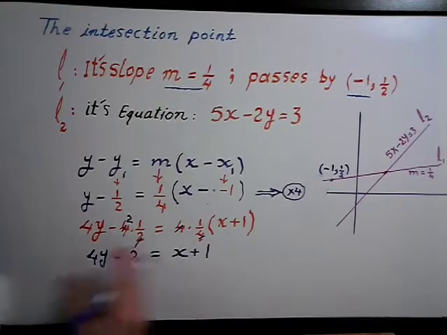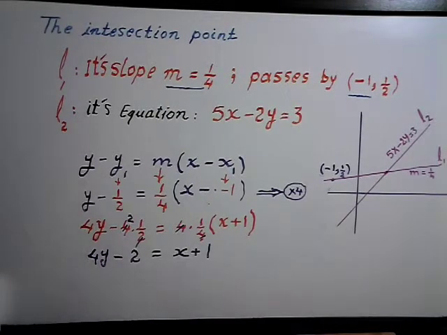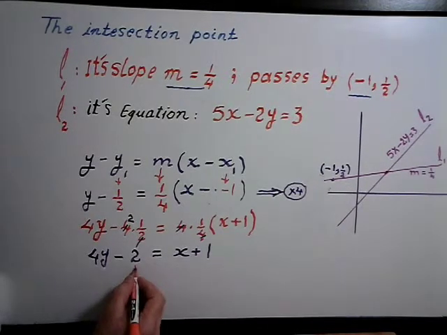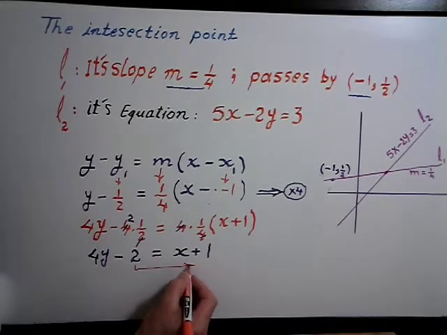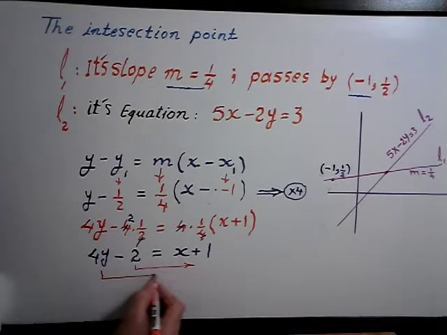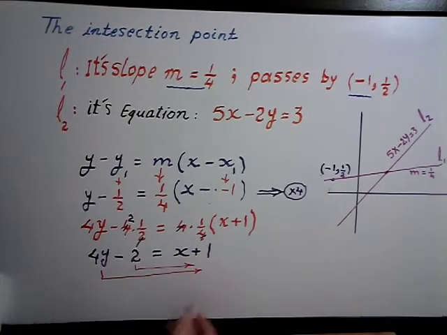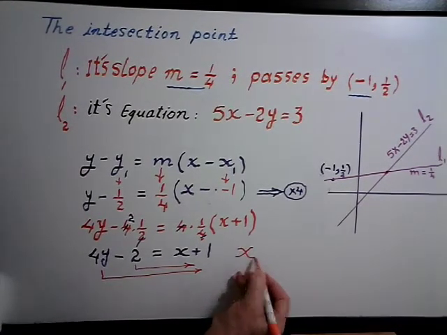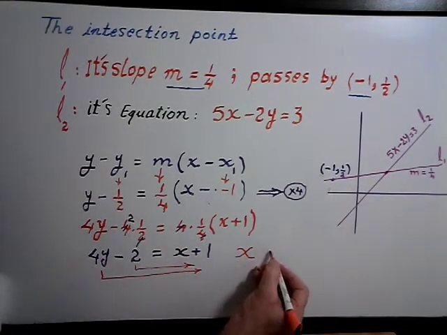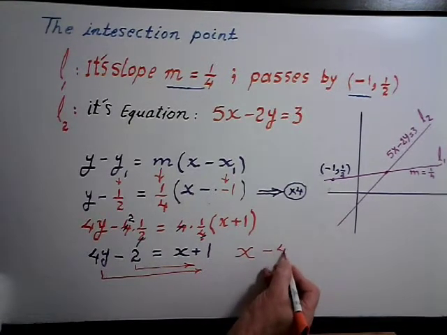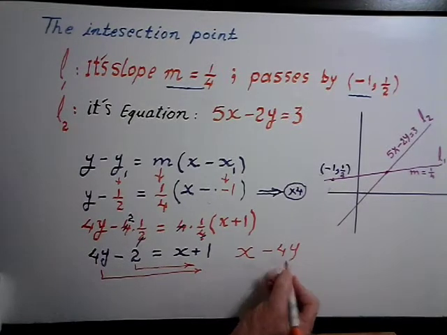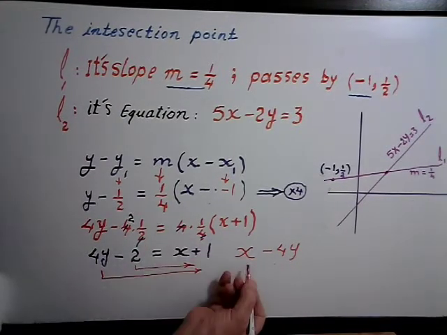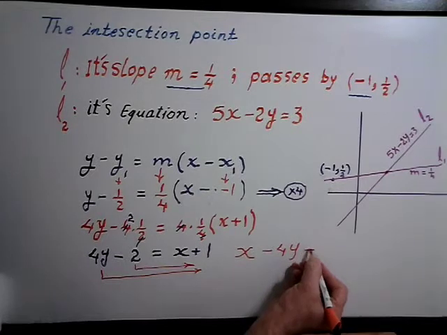Then move all the terms onto one side, like move -2 onto this side, and 4y also onto this side. So we will get x minus 4y, and this negative 2 will be on the other side positive 2.